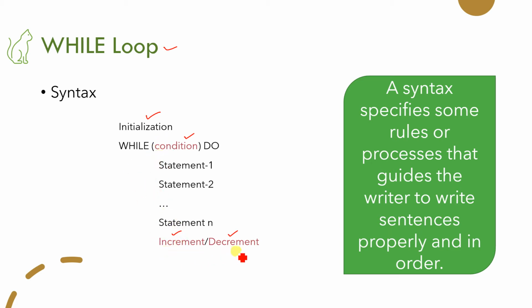So this is helping the condition go towards completion. That means at some moment the condition is going to be false. So who is making that possible? That will be possible with the help of this increment or decrement line.